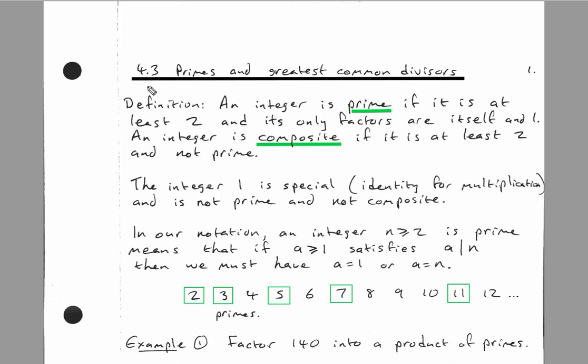More number theory in this section. 4.3, primes and greatest common divisors. A key definition, two definitions next. An integer is prime if it's at least 2 and its only factors are itself and 1.